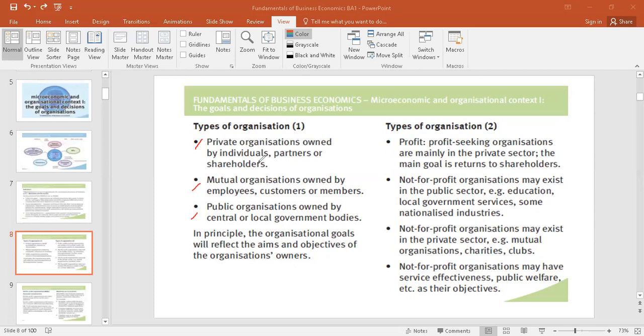If it is held by private people without any role of the government or the public sector, then we can call that a private organization. Second, mutual organizations. Mutual organizations are owned by employees, customers, or members for the mutual benefit. If they come together and form an organization, we call them mutual organizations.